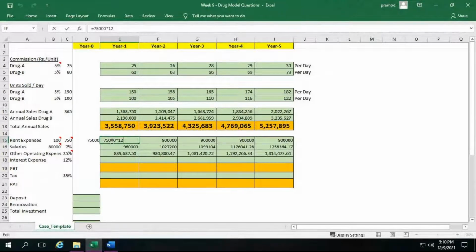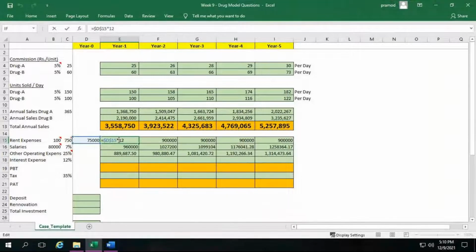Then it will change the reference to 90,000. If you are selecting the cell only, you need to make it absolute. That is F4. Then drag. Thank you, sir. So then the reference will not change.